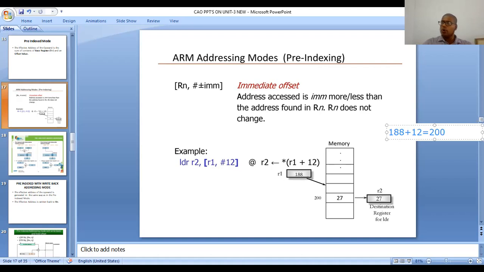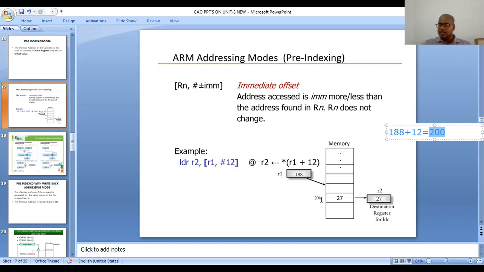Here it is just an example, so they have taken 200 as a decimal number, and even shown the memory locations in decimal, not hexadecimal. So 200 will be considered as an address.